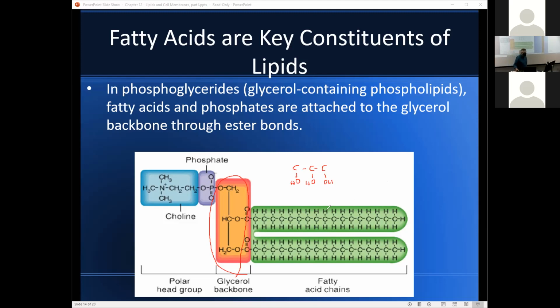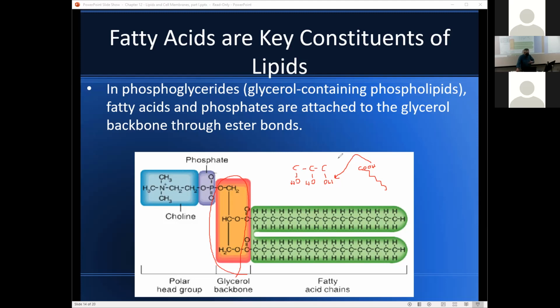So again, if we look at a fatty acid, we have the hydrocarbon chain, and then on one end, we have a carboxyl group. Okay. So the carboxyl group of the fatty acids forms an ester bond with the hydroxyls on the glycerol backbone.